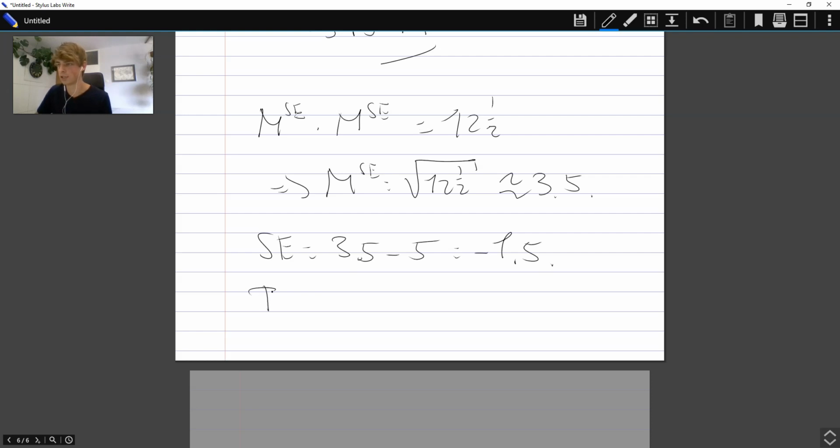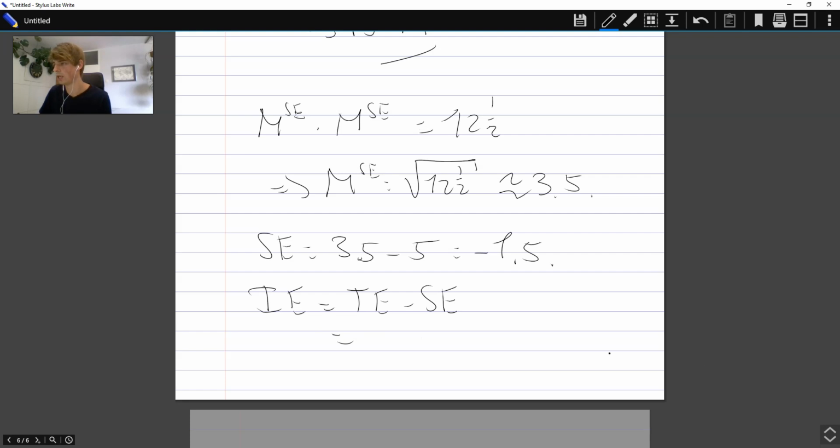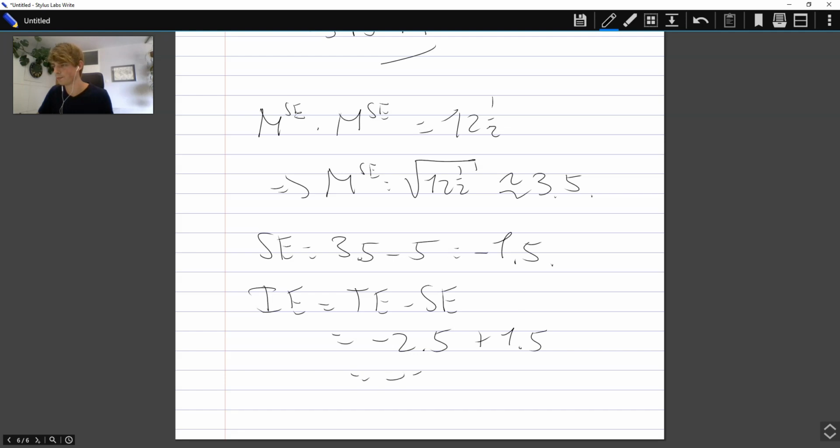And so what is left is the income effect, which equals the total effect minus the substitution effect. And the total effect was minus 2.5. And the substitution effect equals minus 1.5. So the income effect equals minus 1. And that concludes this exercise.